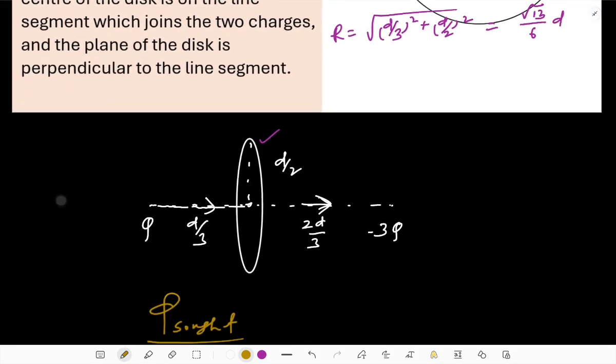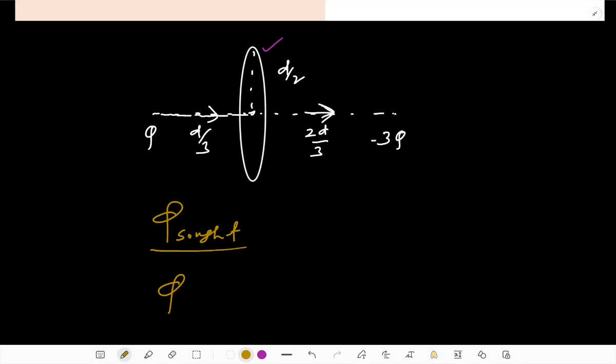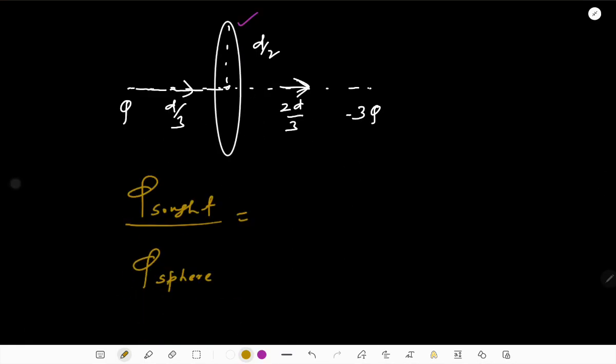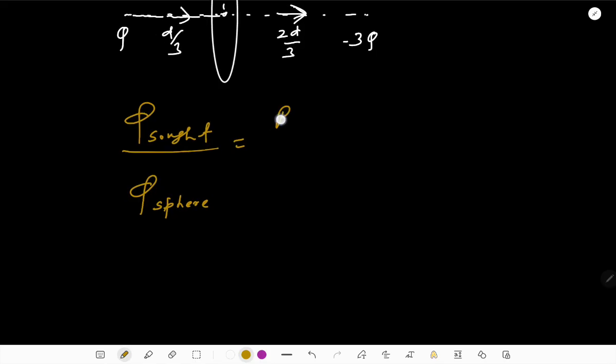The total flux passing through this sphere I know is q upon epsilon naught on the basis of Gauss's law, and the flux through the base and the flux passing through the whole sphere will be in the ratio of two lengths, one being r minus d by 3 and the other 2r, the diameter of the sphere.